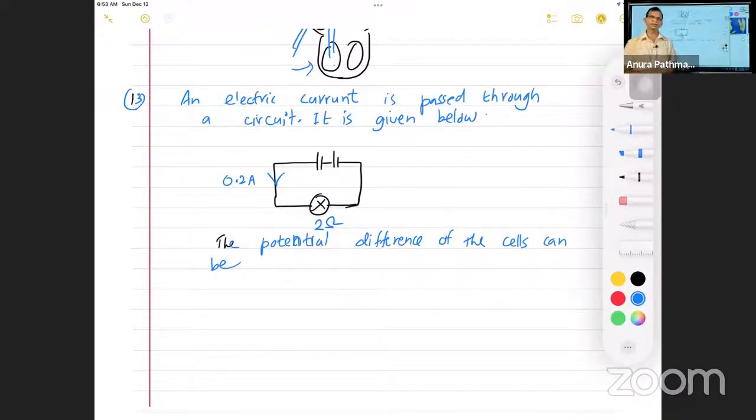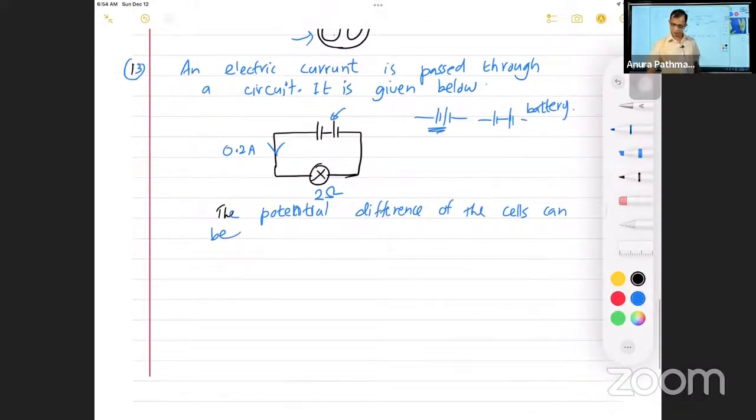Is it 3 volts? The answer is no. 3 volts can't be, because this indicates not 2 dry cells. If you had 2 dry cells, it should be drawn with a short line in between the 2 dry cells, which indicates a battery, a combination of a few cells.